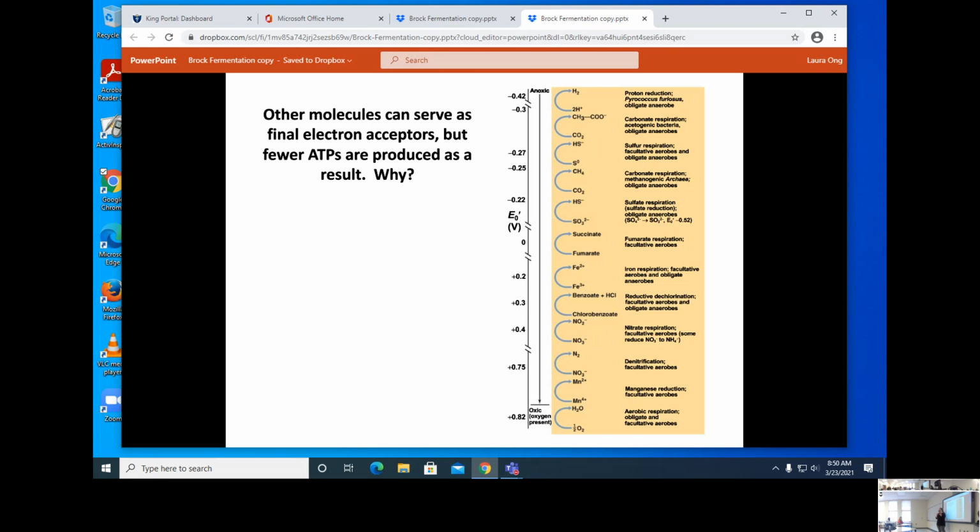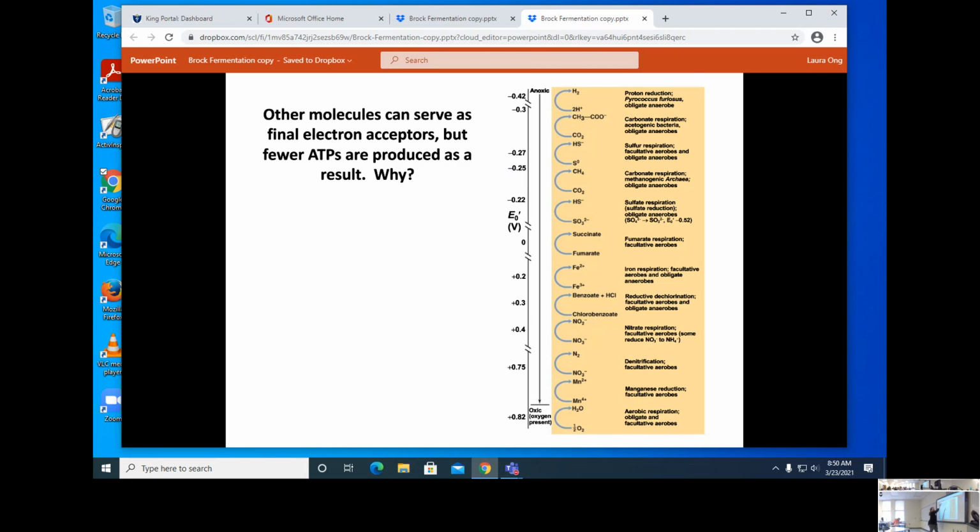Like we don't do fermentation to make lactic acid in our bodies unless we've got an oxygen deficit, because it's lame. It doesn't make much ATP. So the other implication of that is that any of these other types of electron acceptors, the higher up you go on this list, the wimpier the ATP production is from that style of anaerobic. So this one's aerobic.